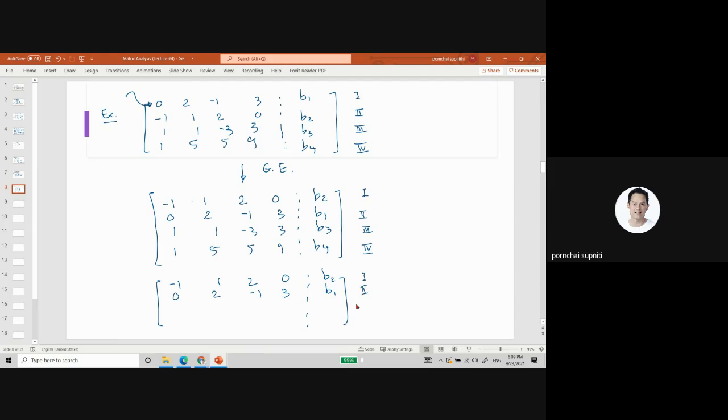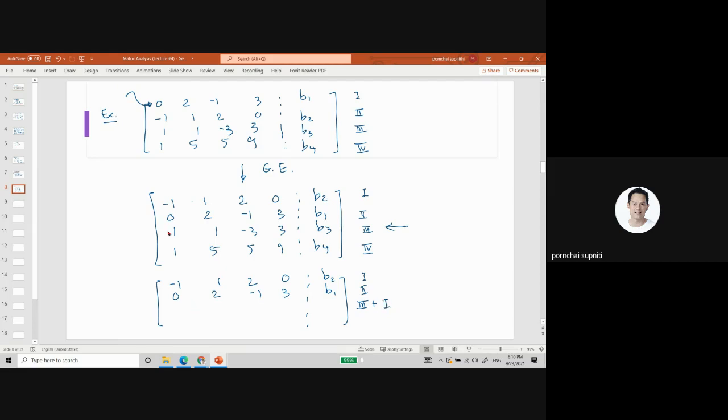Now I look at line 3, equation number 3. First I want to reduce this to 0, so I'm going to add equation 3 with equation 1.